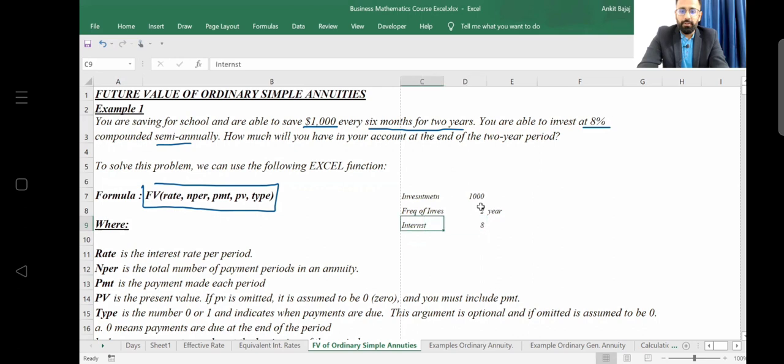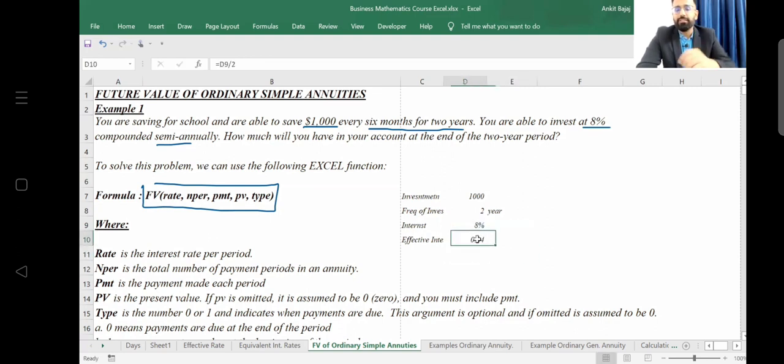Now if I calculate the effective interest rate here, because it is compounding twice in a year, we can use the effect formula. Otherwise, we can divide it by 2 also. So for your simplification, right now I will divide it by 2. Further I will discuss the effect formula here. So 8% divided by 2 I will do.